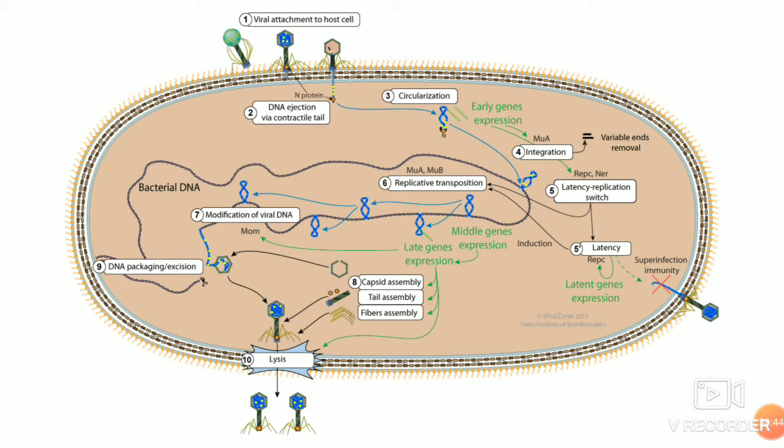Now the important step starts, that is the fourth step. It's the integration step. So in step 3, there is early transcription also, that gives rise to two important proteins, that is the RepC and the Ner repressors, and the DDE recombinase A, or else it is commonly called MuA, M capital U A, which performs the integration.